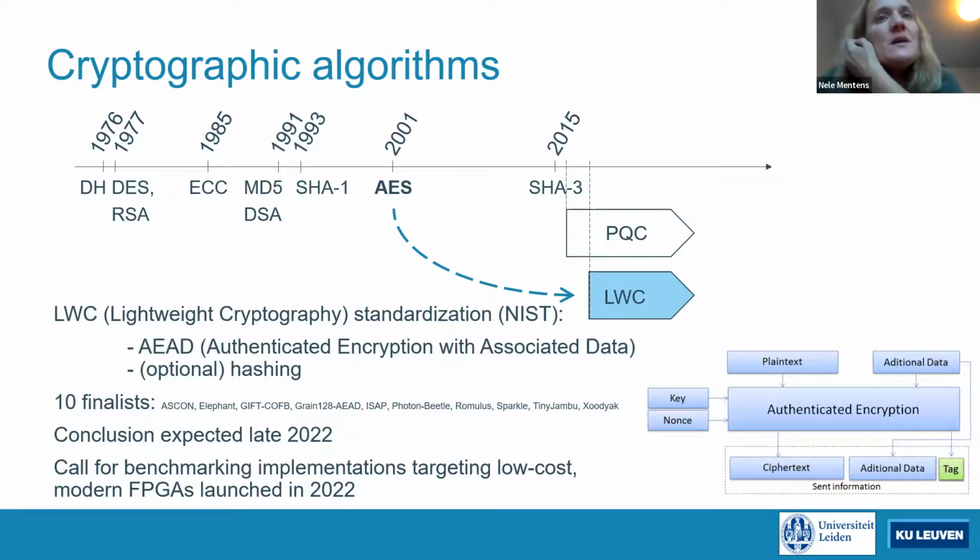So as opposed to the other algorithms that I showed before, which have large key sizes, large ciphertext sizes, large signature sizes, etc., and which need huge parallel computation capabilities, in this case FPGAs are used for benchmarking, targeting low-cost modern devices.